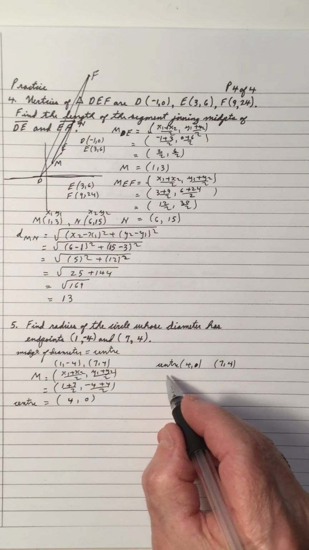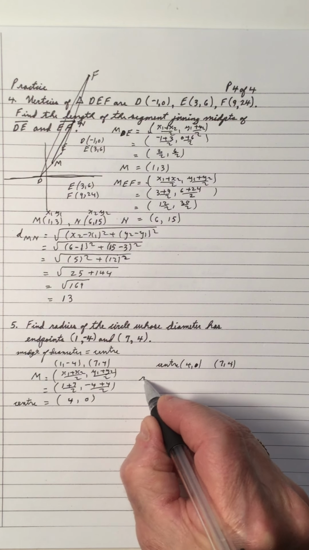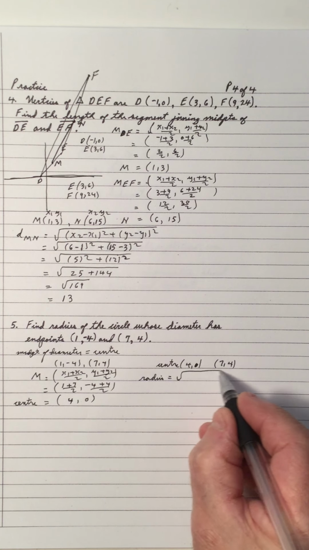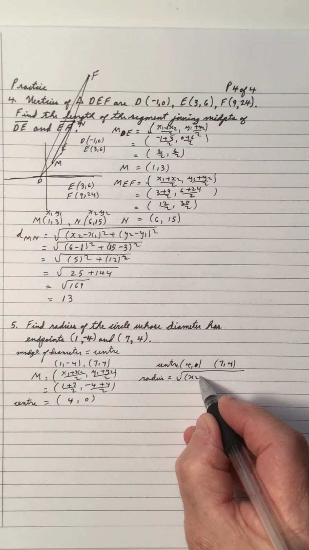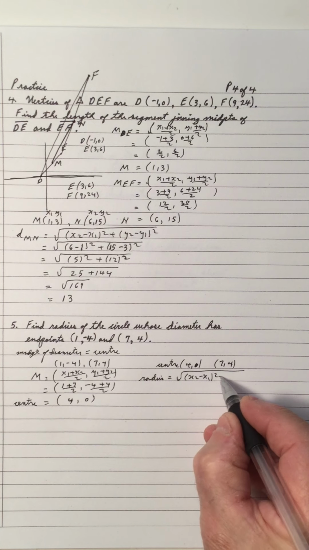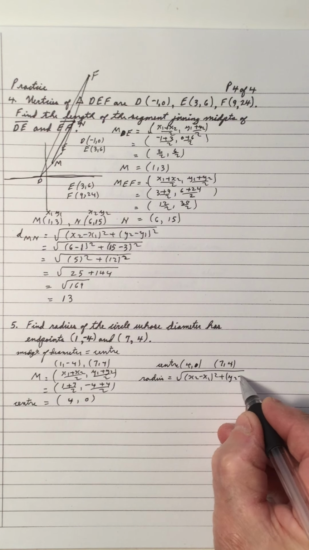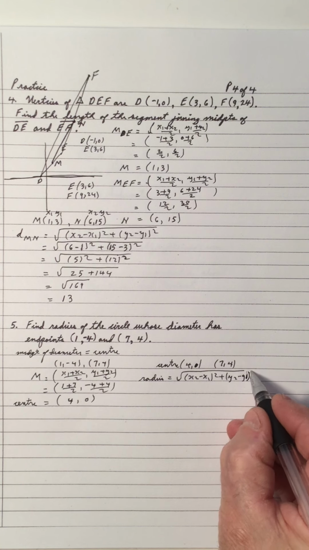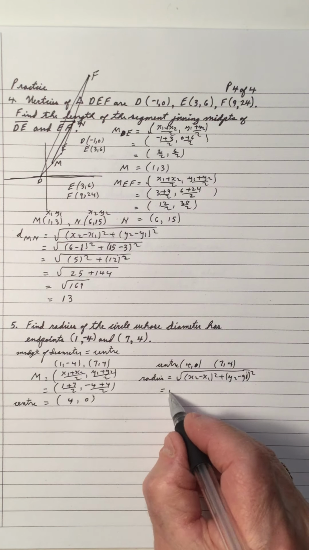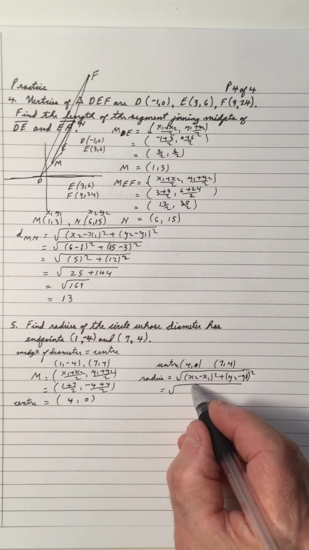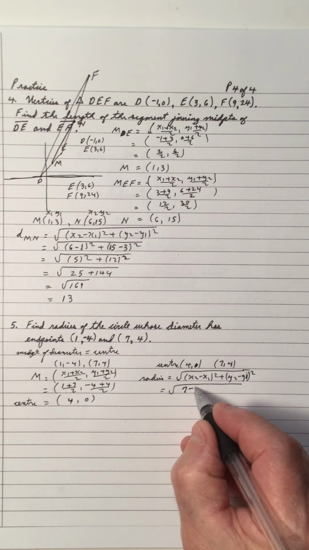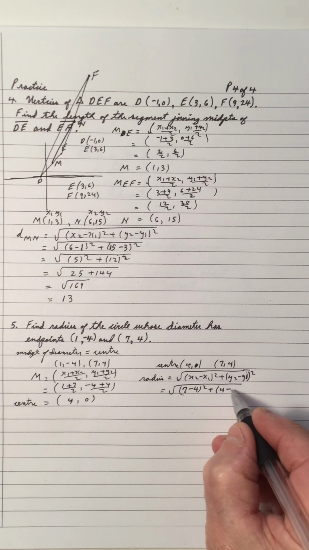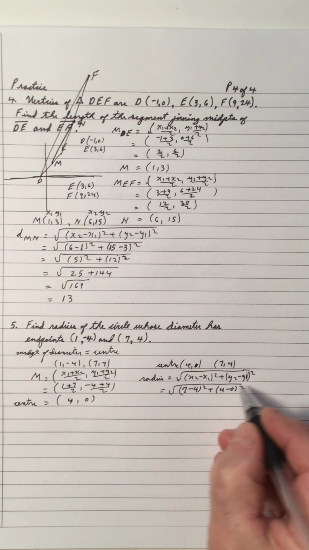The radius is the square root of x2 minus x1 squared, y2 minus y1 squared. So x2 is 7 minus 4, and we have 4 minus 0 squared.